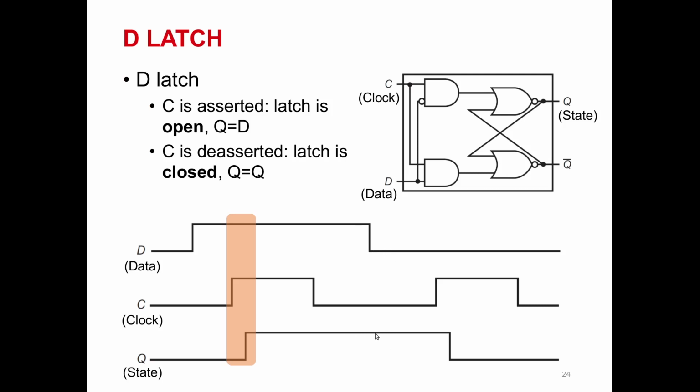Q will keep the same until here. At this time you can see the clock is high here, and so input D will take effect on output Q, and Q changes its value to the new input D from this time.